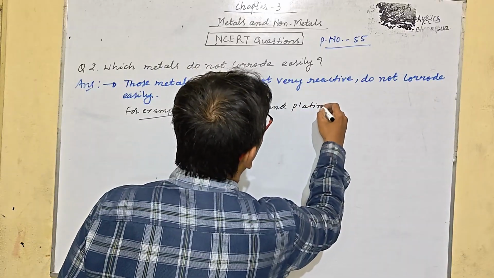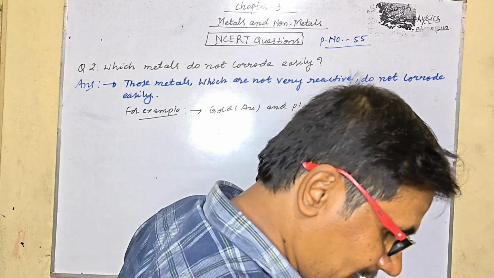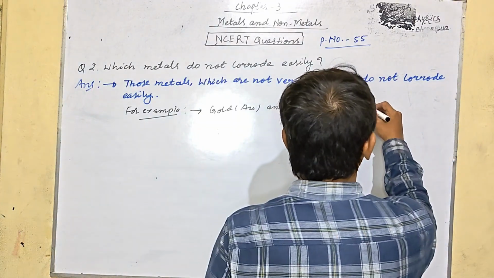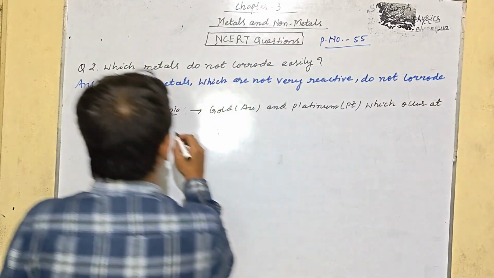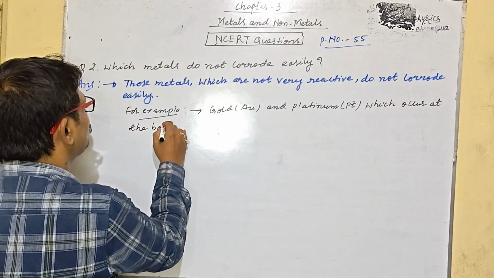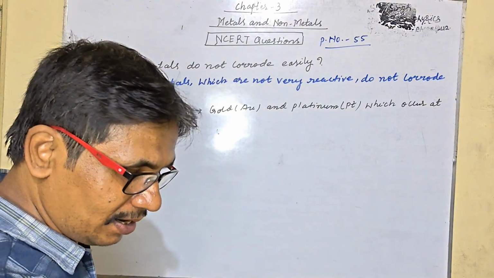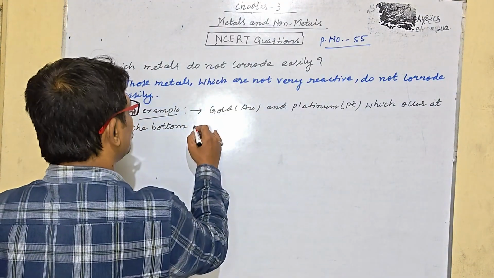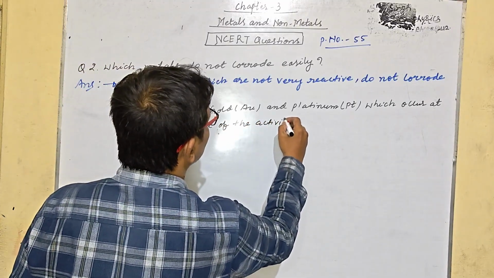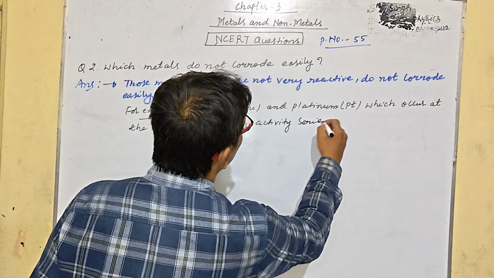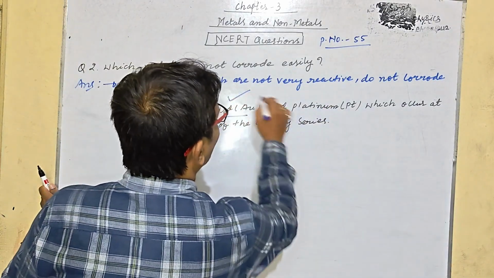Gold and platinum are the least reactive metals, which occur at the bottom end of the activity series. So the least reactive metals do not corrode easily, and these metals are gold and platinum.